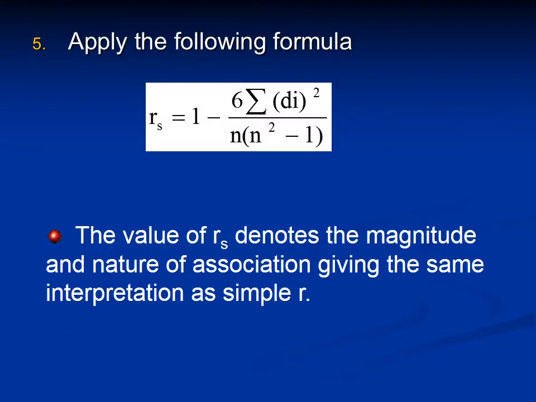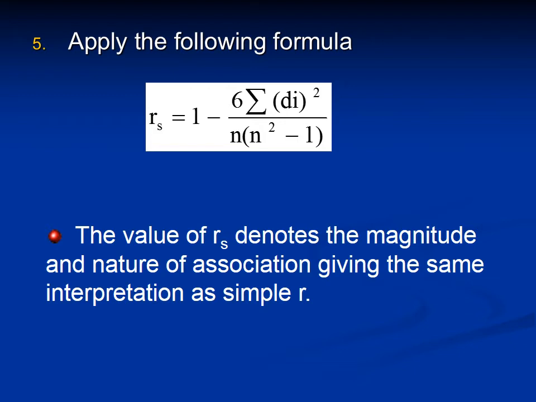We use this formula: RS is equal to 1 minus 6 times the sum of di squared, where di is the difference between the ranks, divided by n times n squared minus 1, where n is the sample size.